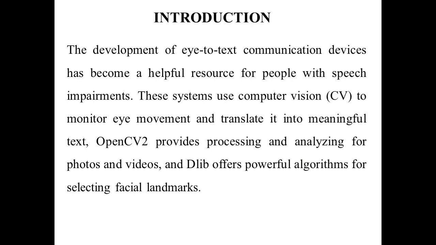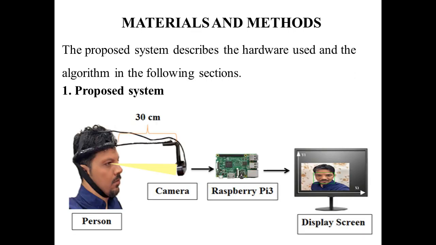OpenCV provides processing and analyzing for photos and videos, and DLib offers powerful algorithms for selecting facial landmarks. The proposed system describes the hardware used and the algorithm in the following sections.